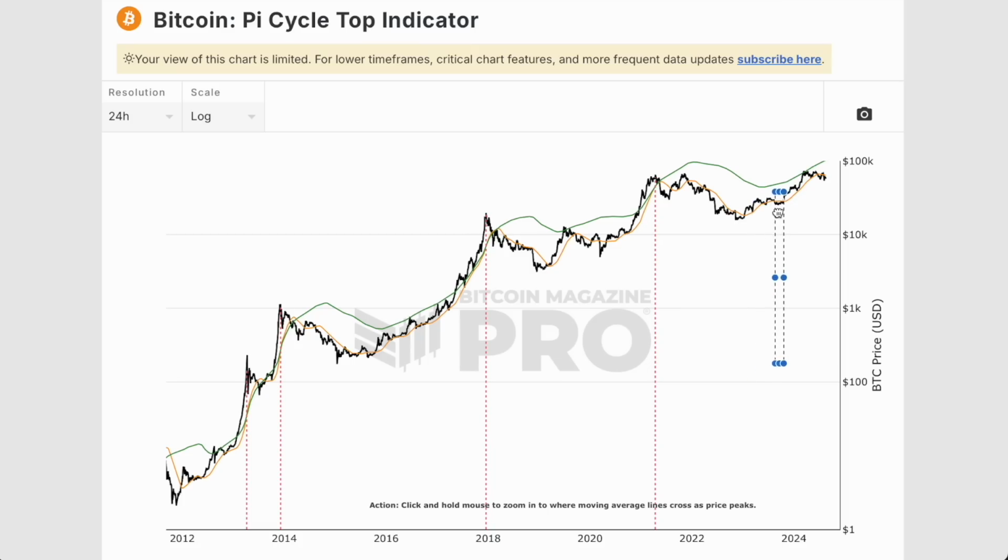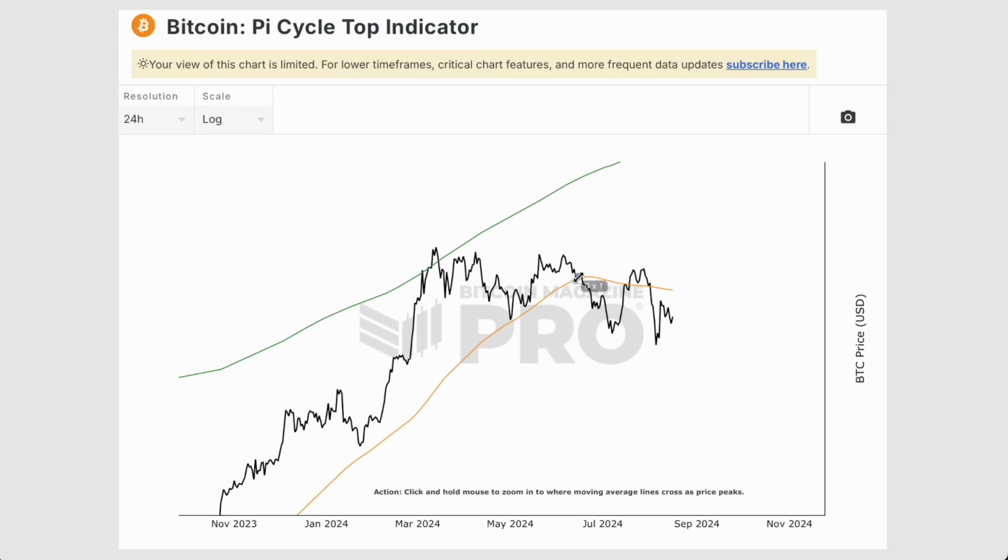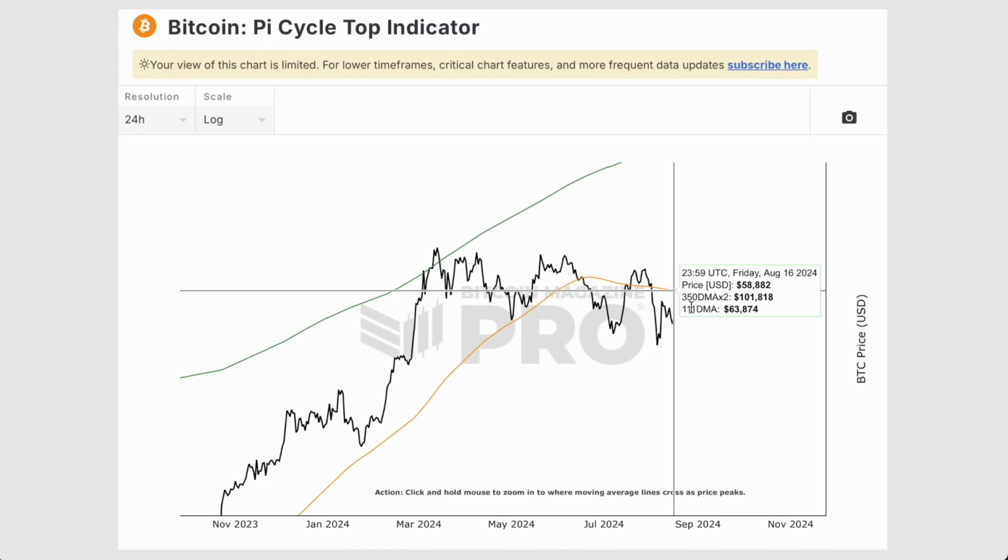So it highlights the level of opportunity that we are on the cusp of enjoying right now. This is a downside deviation below the pi cycle moving average, and we're not going to be here for too long. Once we reclaim this moving average as a new support, we'll be able to rally higher towards the upside. So this is definitely that bargain buying opportunity.